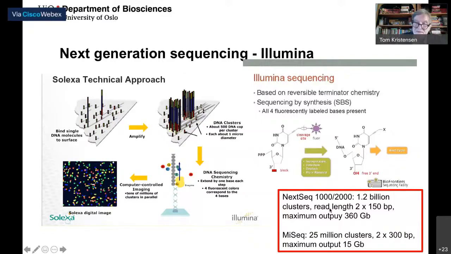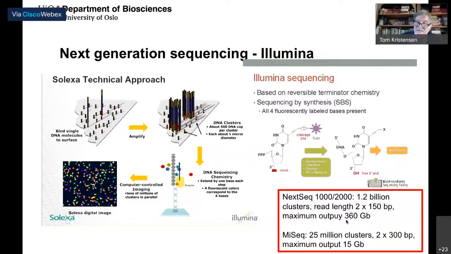The read length we can obtain with this instrument these days is 150 base pairs times 2, because once we have read one strand, we can read the complementary strand as well, which also will be present in these clusters. So one instrument like this will per run give us 360 gigabases of DNA sequence, which is vastly more than the previous generation of sequencing instruments could give.